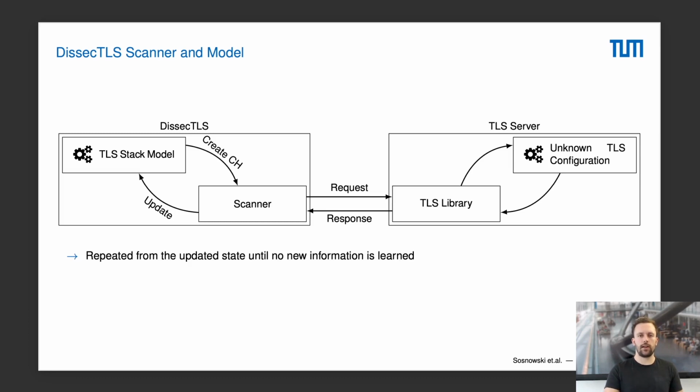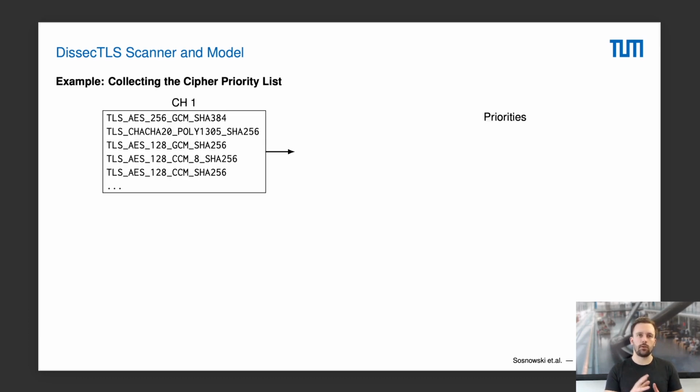Let's have a look at an example of how this works for cipher suites. So basically the model just says, well, a server supports a list of cipher suites and there are priorities among these ciphers. And to scan them, we just put all the ciphers we are aware of into a single client hello and send it to the server.